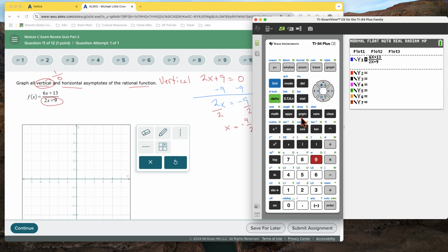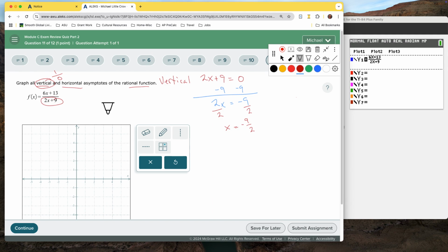But anyway, here it is, 6x plus 13 over 2x plus 9. Otherwise, you're going to need to use parentheses around the top and the bottom to make sure it graphs correctly. So you would enter 6x plus 13 with parentheses around it, divided by parentheses 2x plus 9. That will get you the same graph.